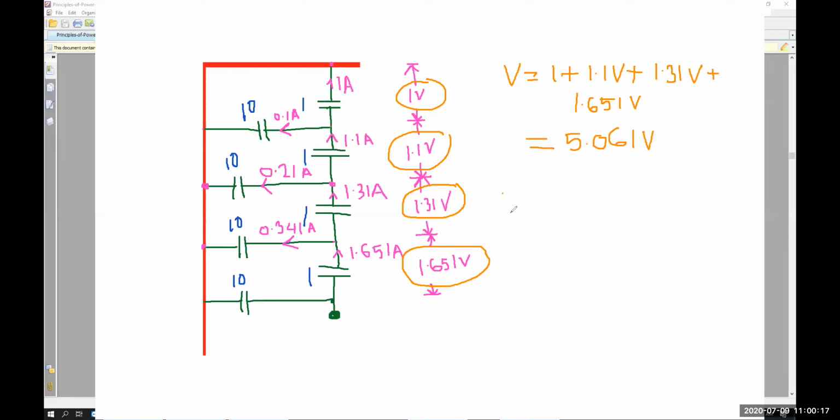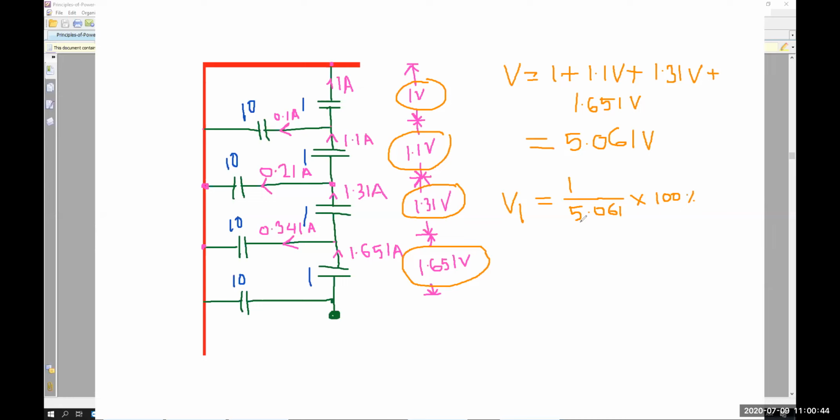Now, what is your V1? The percentage of V1. They said find it in percentage. So percentage should be 1 divided by total.